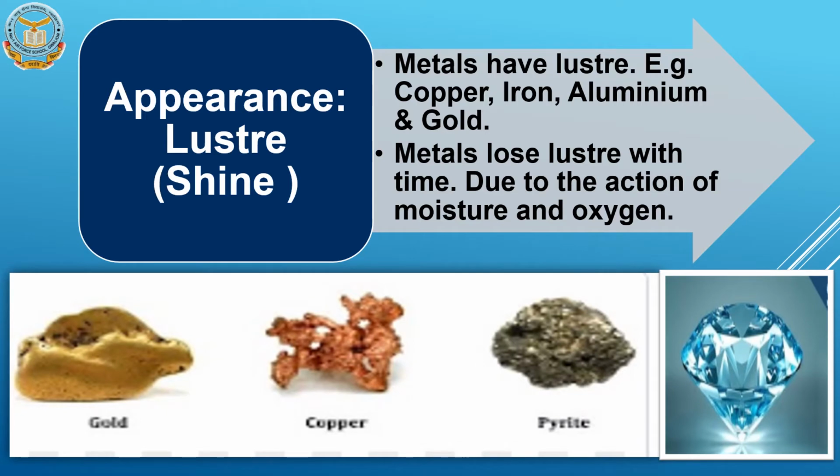Materials usually look different from each other. Materials that have luster are usually metals. Iron, copper, aluminium, and gold are examples of metals. Some metals often lose their shine and appear dull because of the action of air and moisture on them.